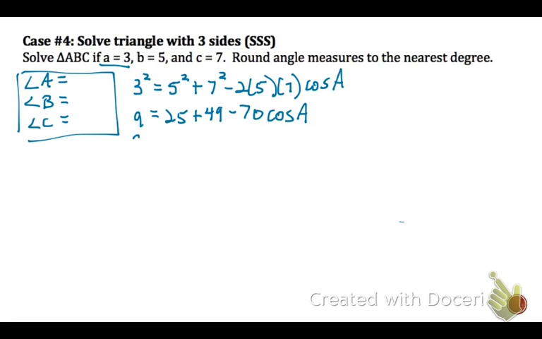Here's what I suggest that you do. Subtract your 25 and your 49 and divide by the number in front. That just streamlines the math that you have to do to solve these problems.